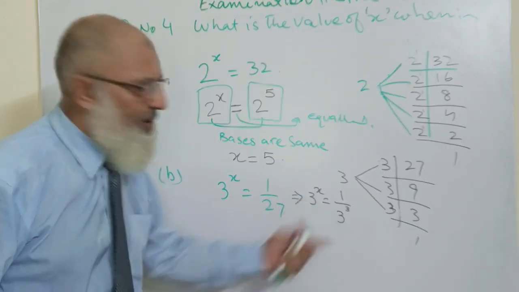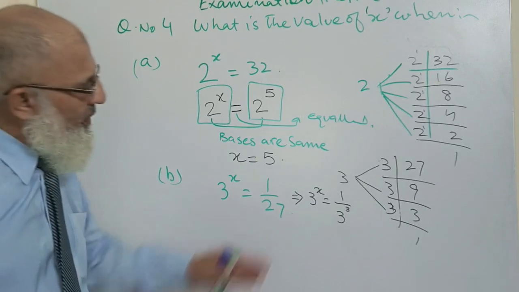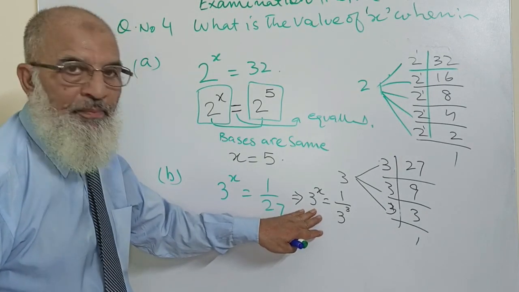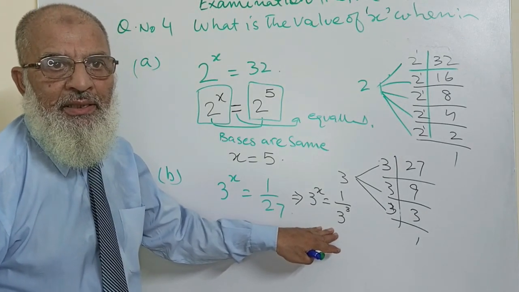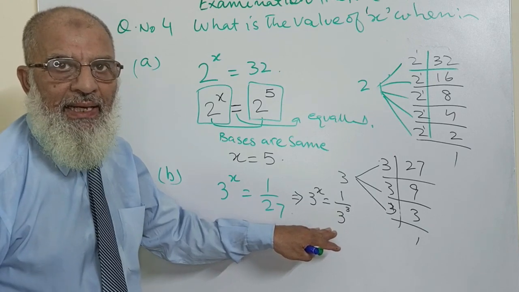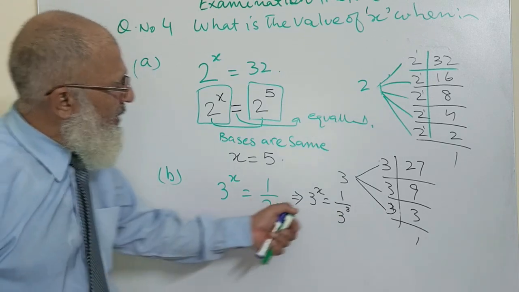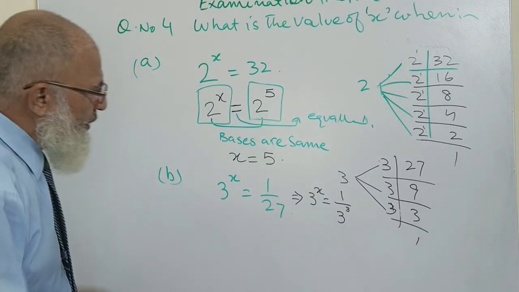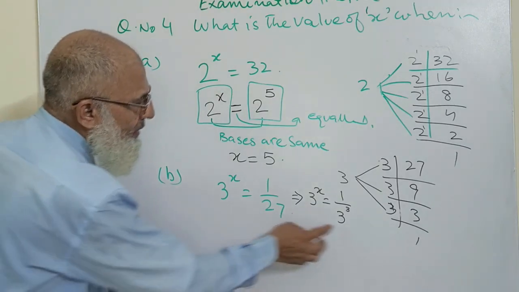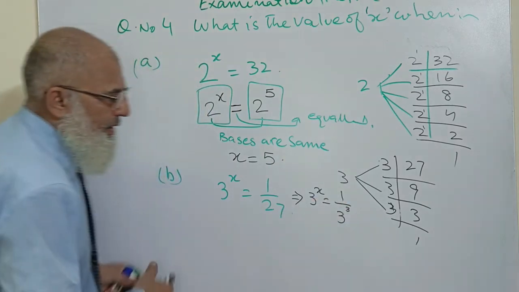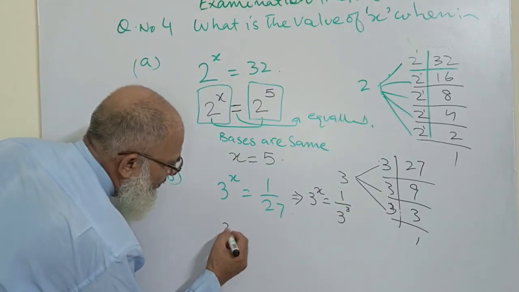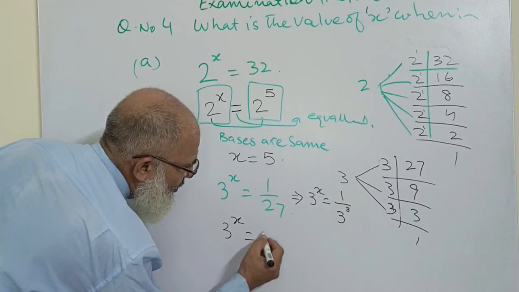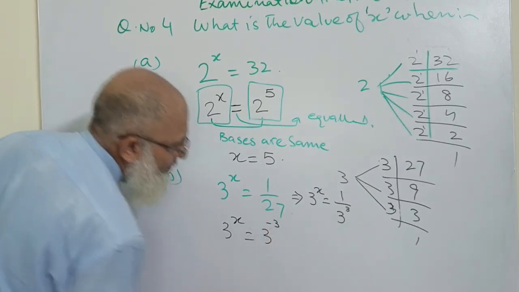We have to bring the bases alike, so we bring this thing to the numerator. It will become 3 raised to power x is equal to 3 raised to power minus 3.